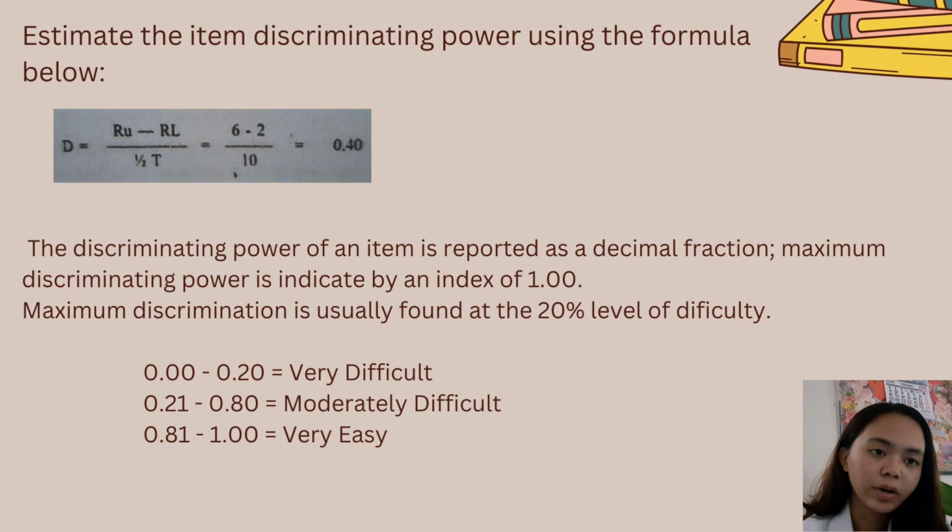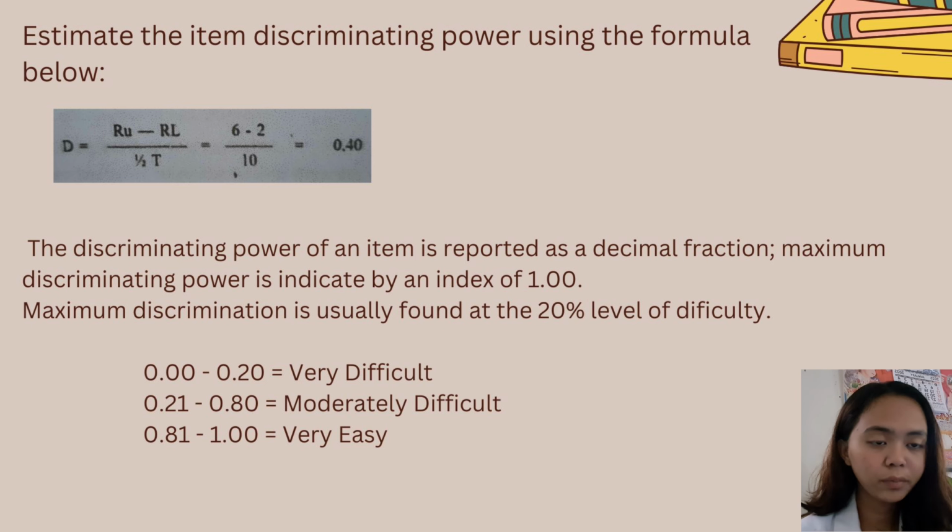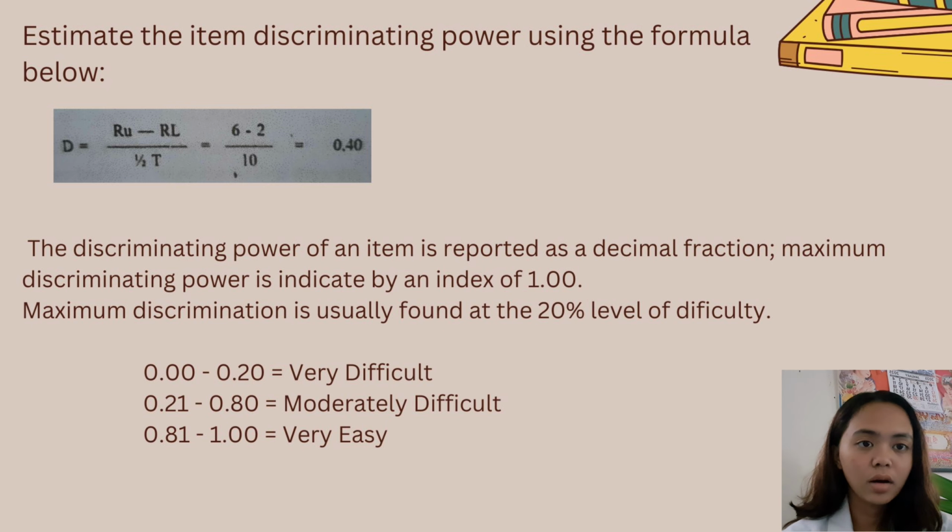So ang discriminating power of an item is reported as a decimal fraction daw. Maximum of a discriminating power is indicated by an index of positive 1 or 1.00. So the maximum discrimination is usually found at the 50% level of difficulty, which is 0.00 to 0.20 is very difficult.